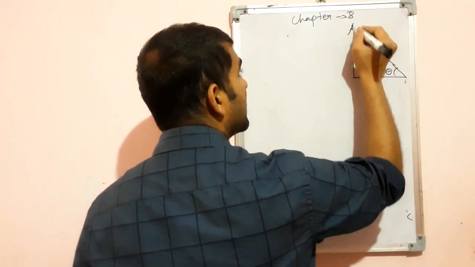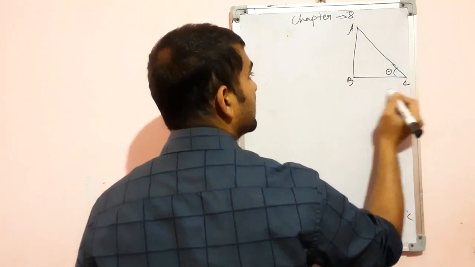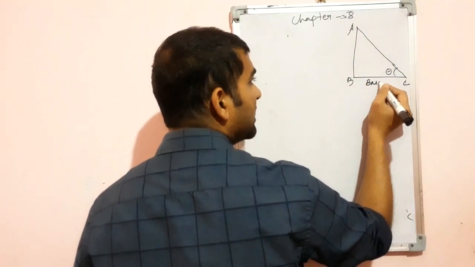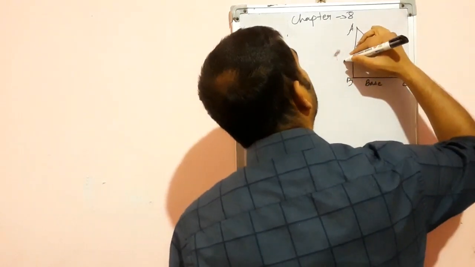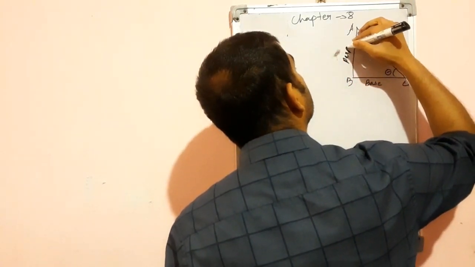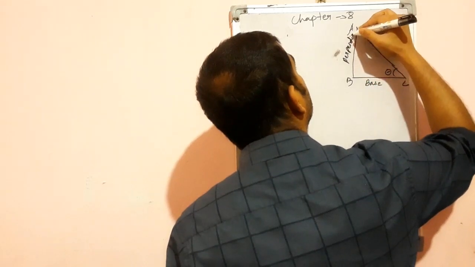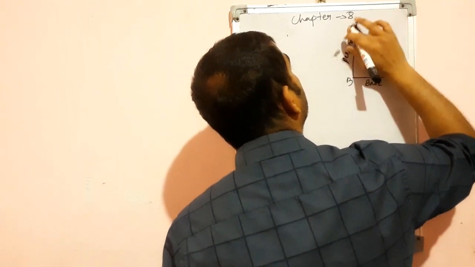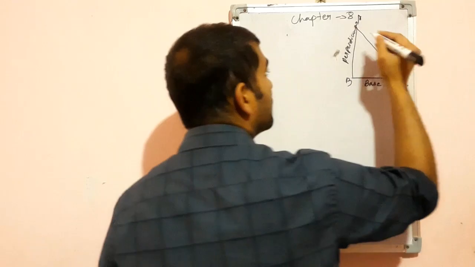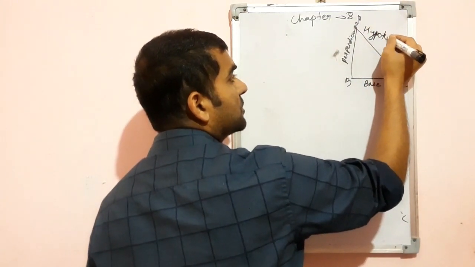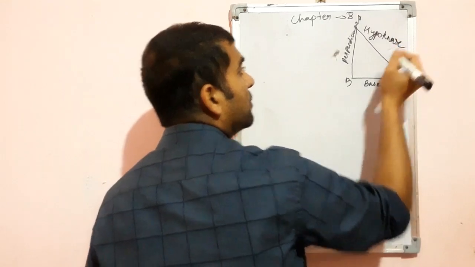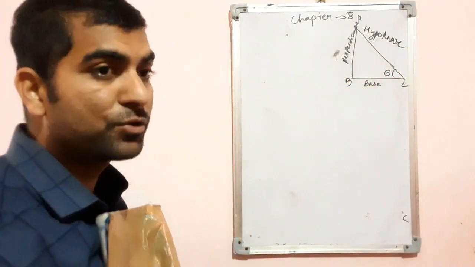Name it A, B, C. This will be the base, this the perpendicular or height, and this the hypotenuse.